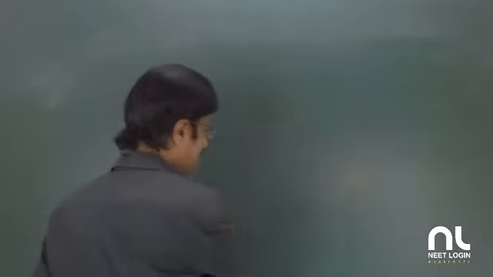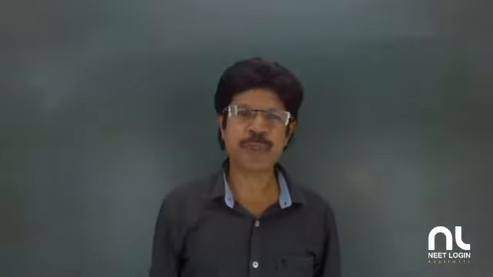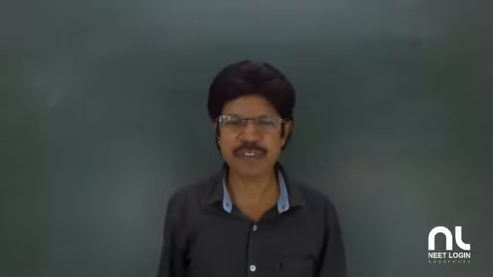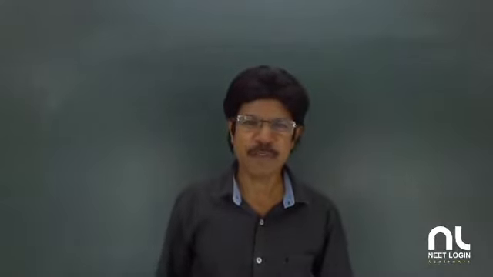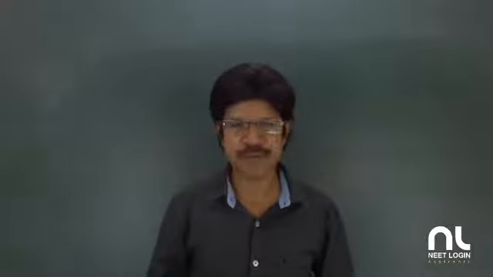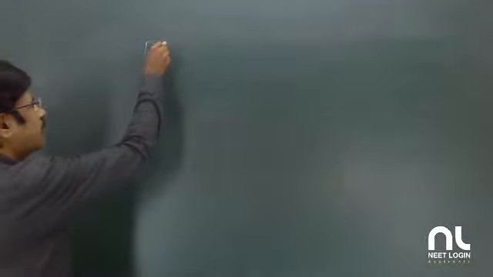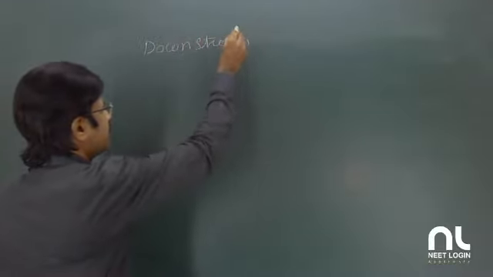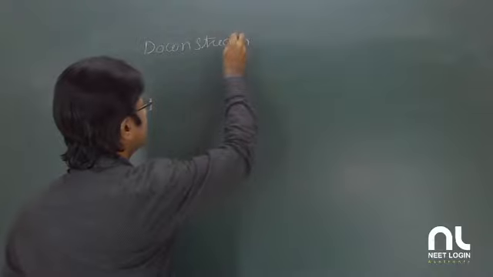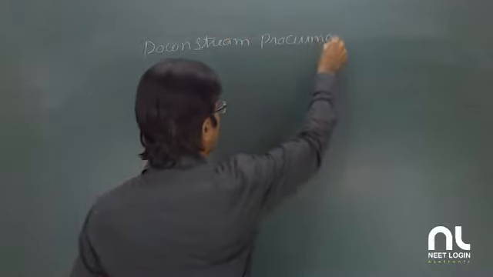So we obtain this product, and we have to extract this product. This product is not a purified one, so it should undergo various processing before it is marketed. So the last step is downstream processing.